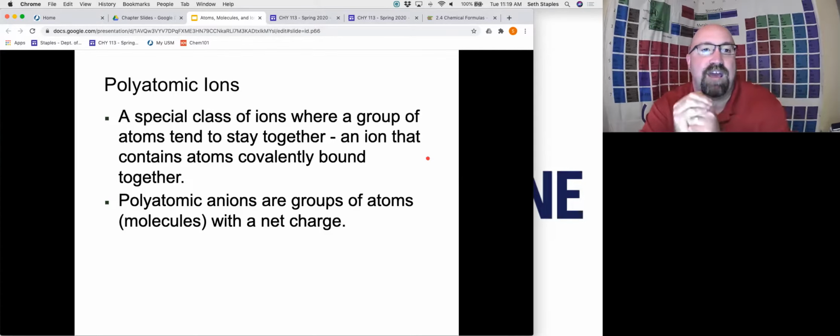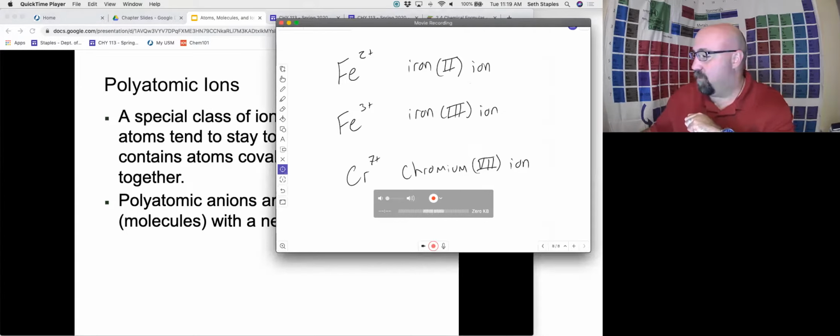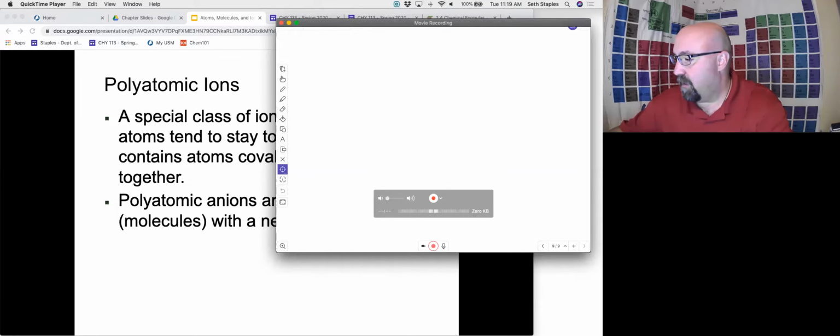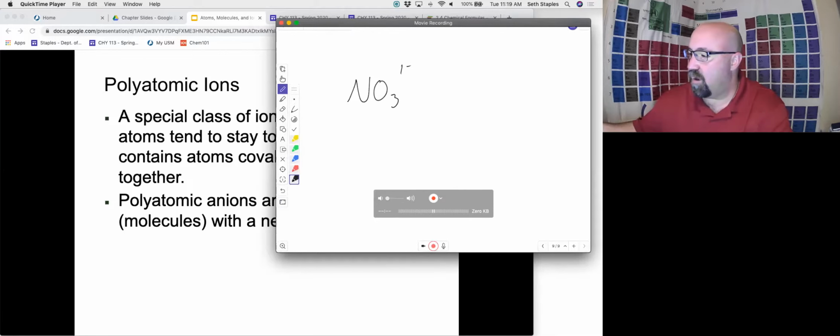Polyatomic ions now are groups of atoms that also form an ion. Typically, polyatomic ions are going to be nonmetals bonded covalently together that have a charge associated with them. And so an example, and we're going to see a whole bunch of examples here in just a minute, would be something like the nitrate ion, NO3, which has a -1 charge.